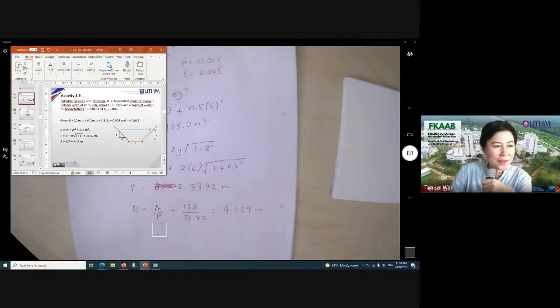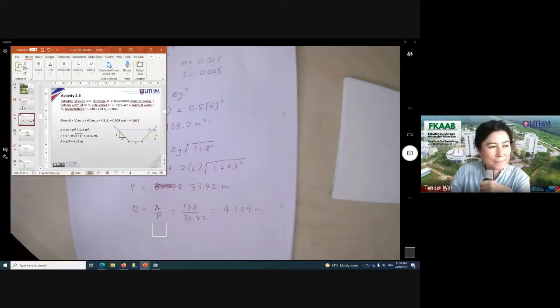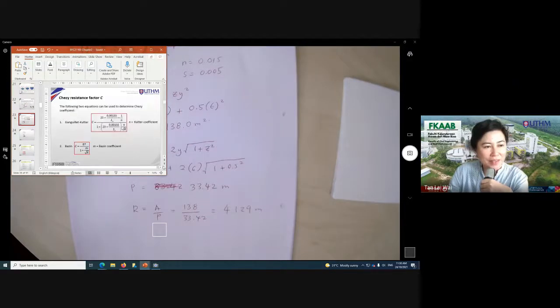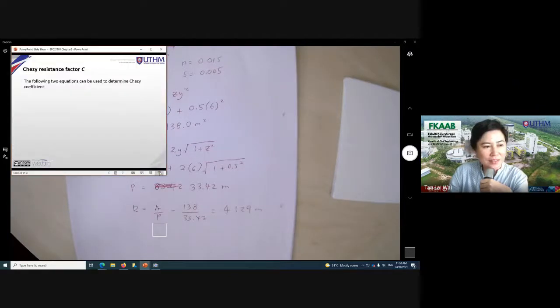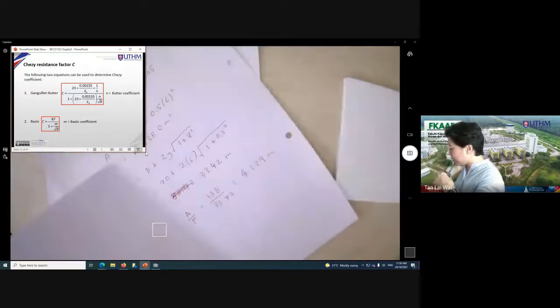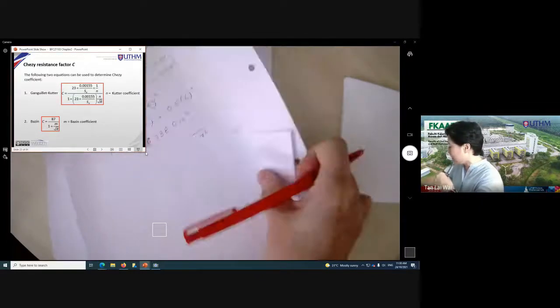Okay, correct then. Okay, 4.13. Thank you. All right, so the next step would be, I will show this here. So we already have hydraulic radius, so the next step would be we need to find the Chezy coefficient.